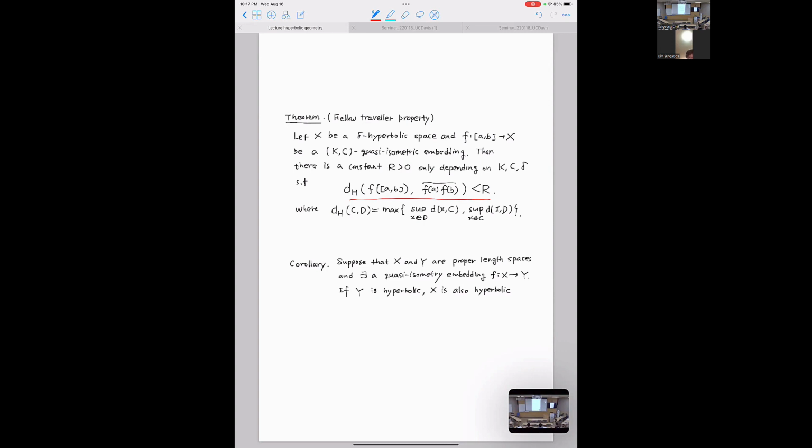By using this property, you can prove the following: suppose X, Y are proper geodesic spaces and there is a quasi-isometric embedding f from X into Y. If Y is hyperbolic, then X is also hyperbolic. That means a hyperbolic space can only be embedded into a hyperbolic space.